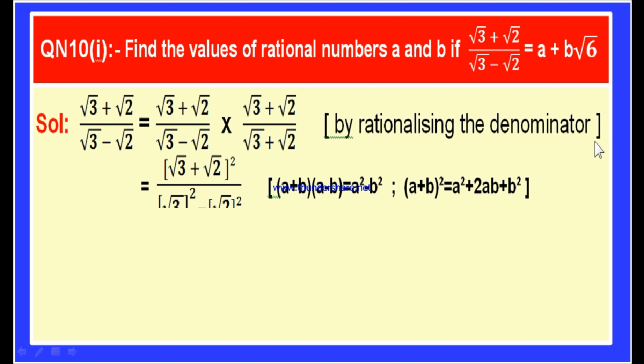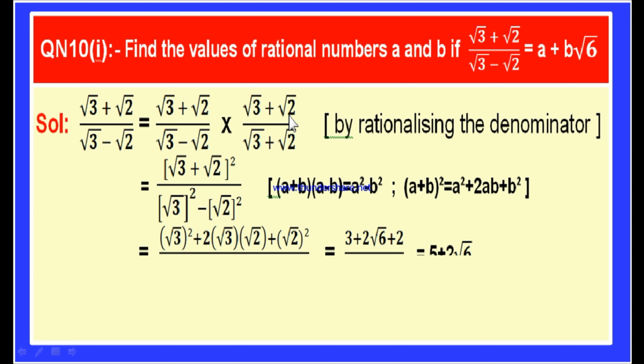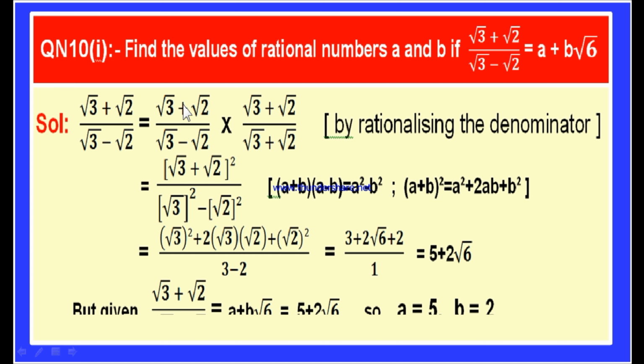Since the denominator is in the form of root a minus root b, its rationalizing factor is root a plus root b. That is, multiply both numerator and denominator of the given fraction with root 3 plus root 2.